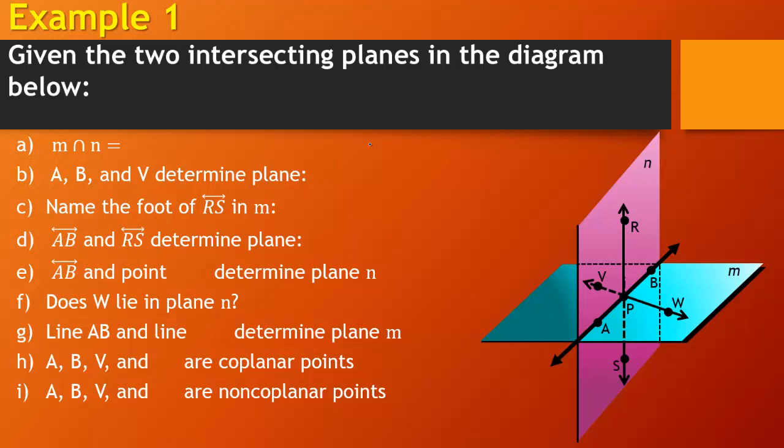Okay, so the intersection of plane M and plane N would be line AB. Points A, B, and V determine plane M. The foot of line RS in plane M would be P. Line AB and line RS determine, because remember, these two lines have to be on the same plane, which plane?